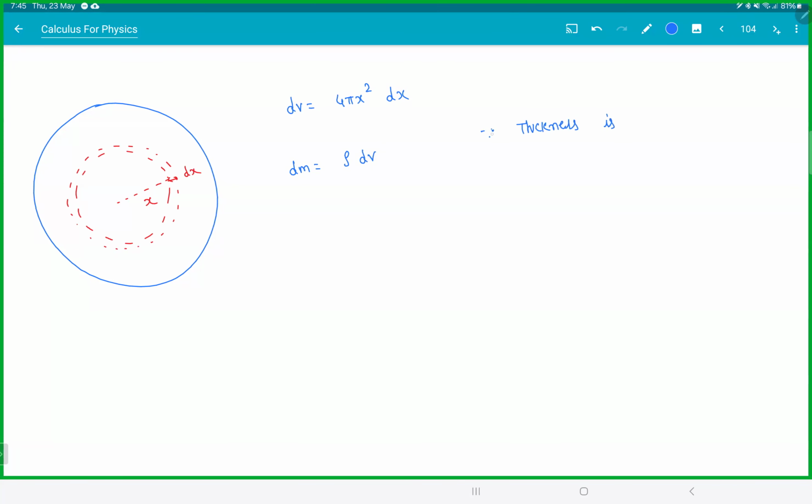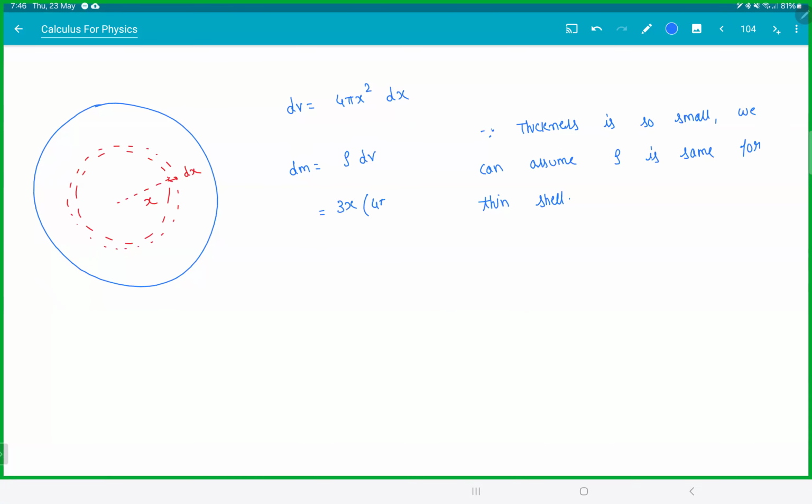Since thickness is so small, we can assume rho is same for the thin shell. So rho is how much? 3x.